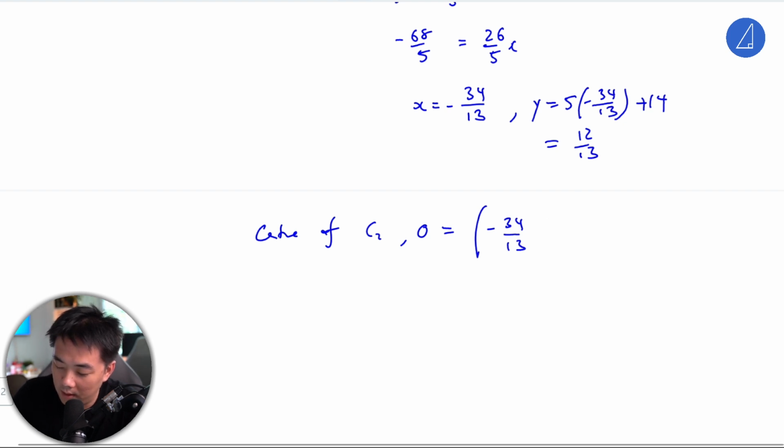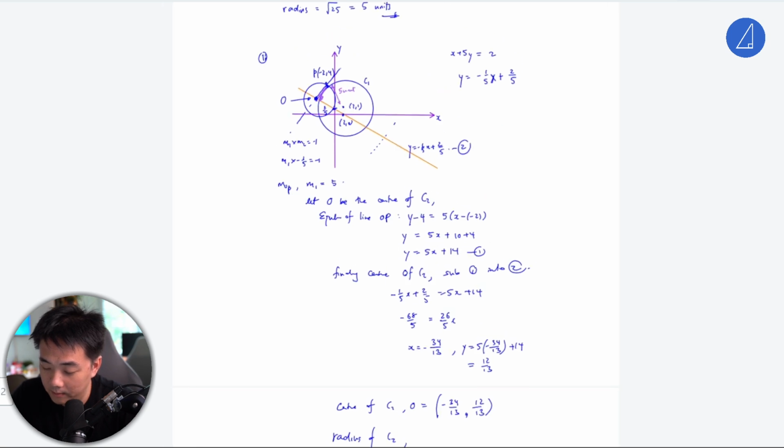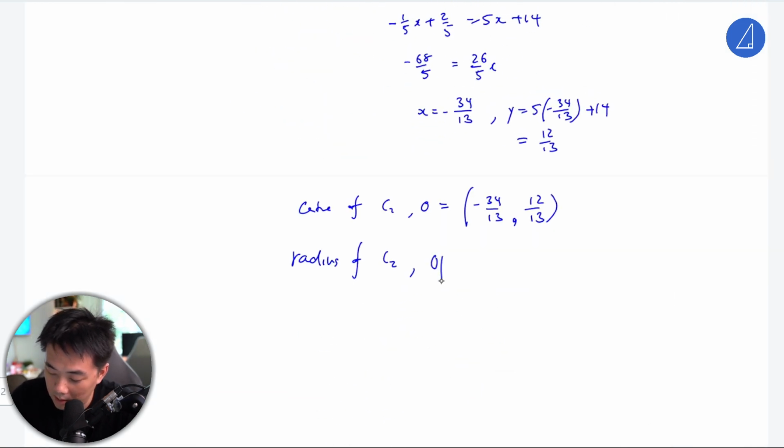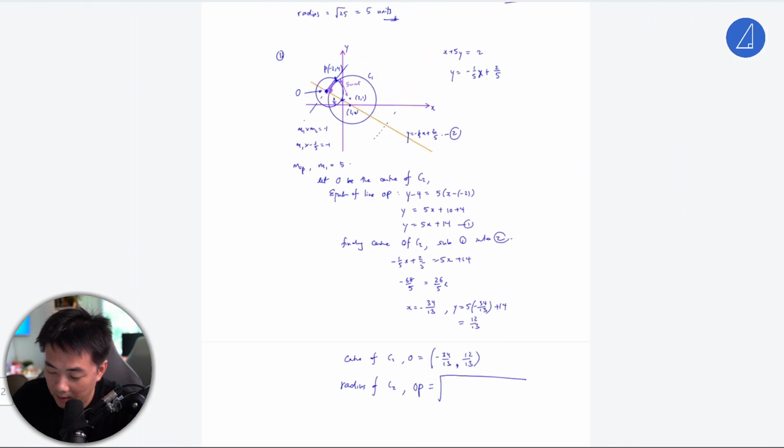Now what we need is the radius, right? Radius of C2 will then just be OP. You just need to find OP. OP will just be the length of the first one, x1 minus x2.